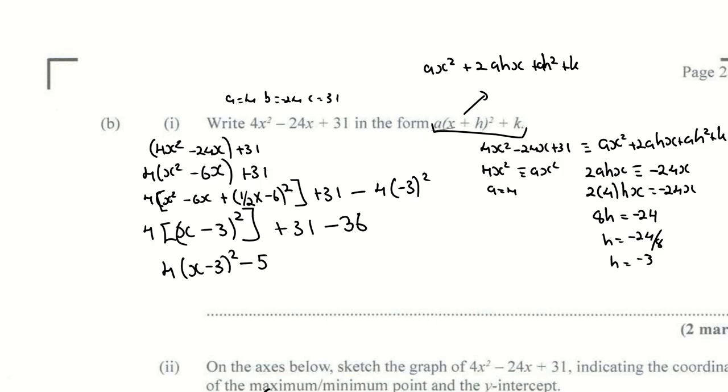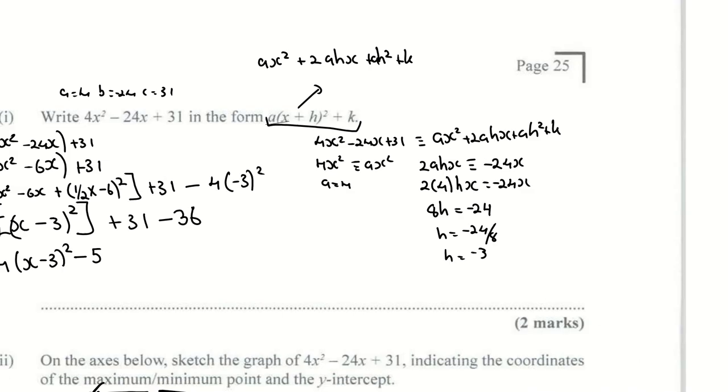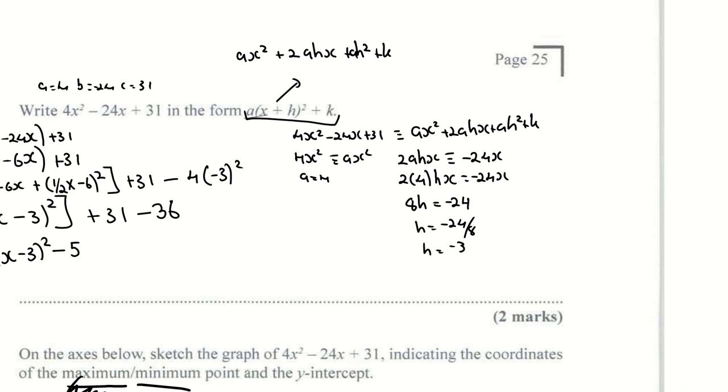Then, hold on. The next thing that you're going to do is you're going to say ah squared plus k is equal to 31. So a, which is 4, and h, which is minus 3, squared, plus k is equal to 31.